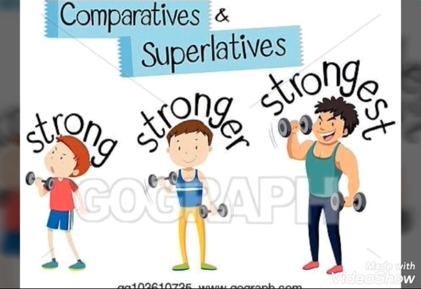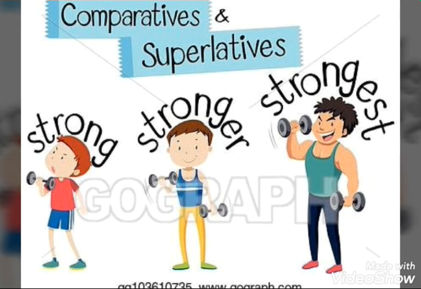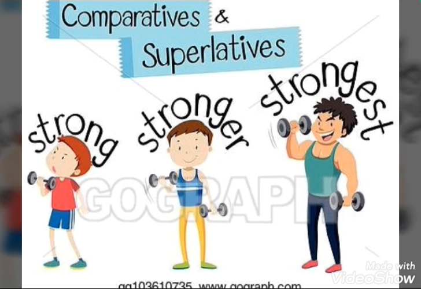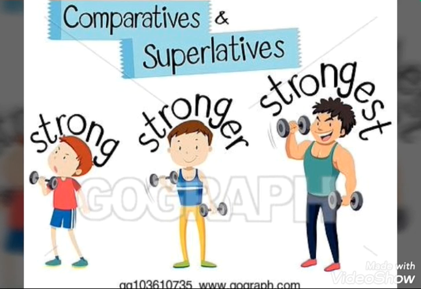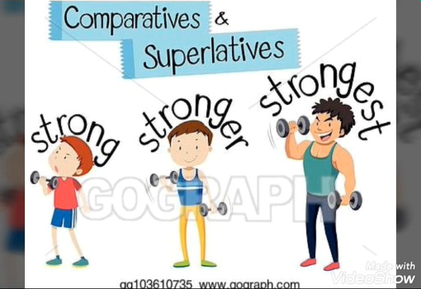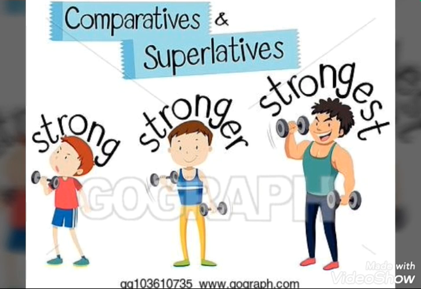Here we have three boys. The first boy is strong. The second boy is stronger than the first boy. Which boy here is the strongest one? The third boy is the strongest boy.